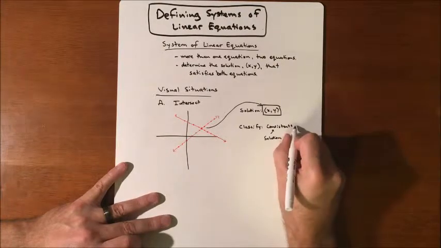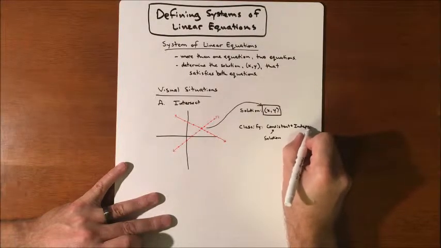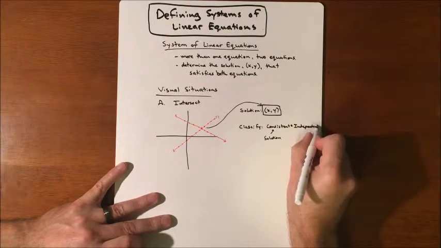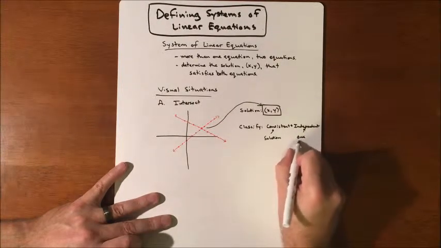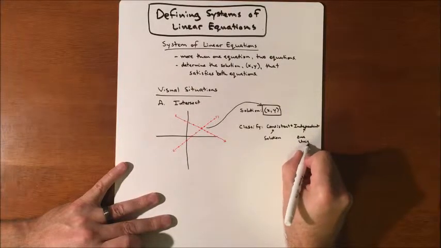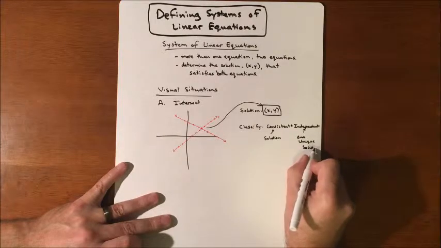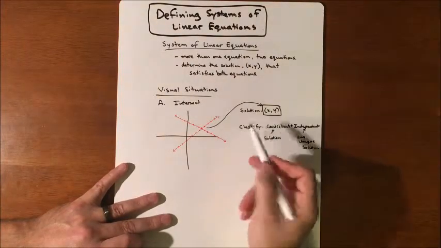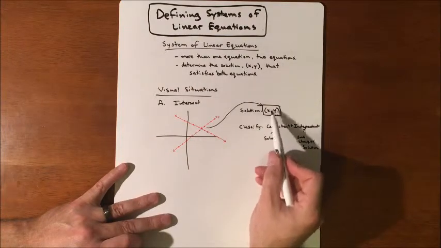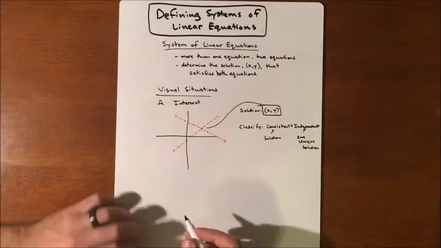But we're also going to narrow it down and say that it is consistent and independent. And independent represents that there's one unique solution. All right, so that's our first situation. Lines cross, we get one solution, and that coordinate represents that solution. And if you plugged it back in, it would satisfy both equations.